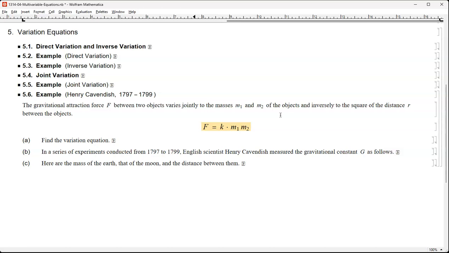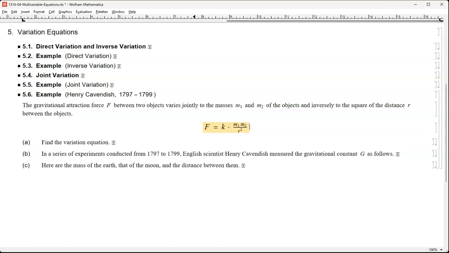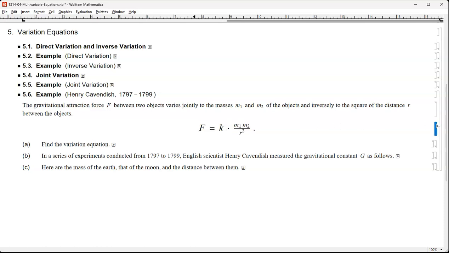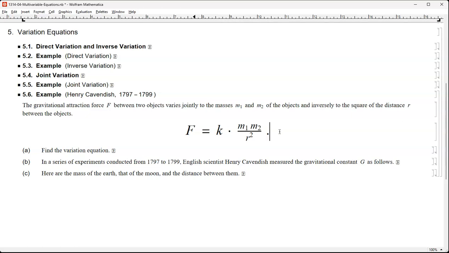Inversely to the square of the distance, so r squared goes down here. Let's take a little bit bigger font. And traditionally, instead of k, we use capital G for this constant, and we call it the gravitational constant.